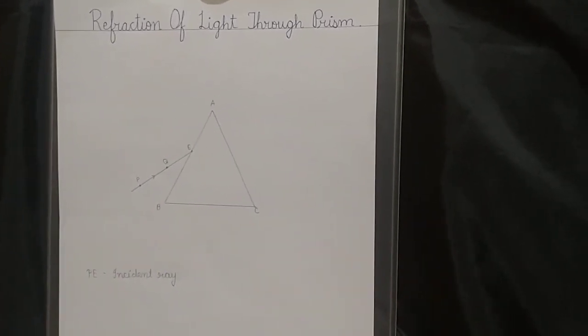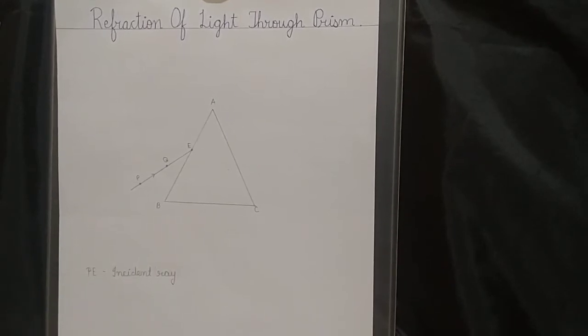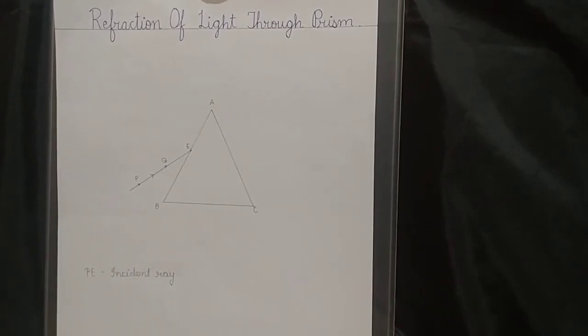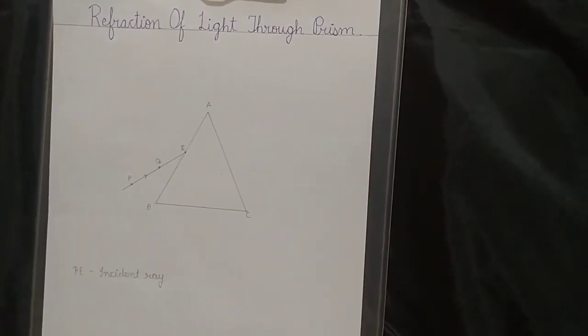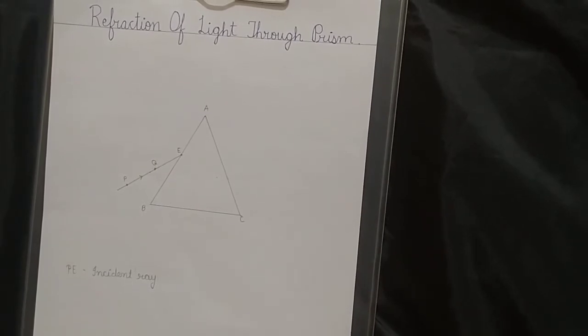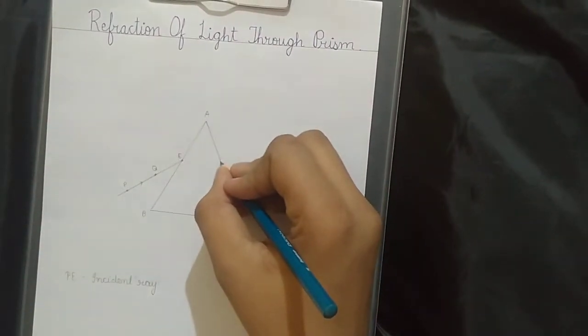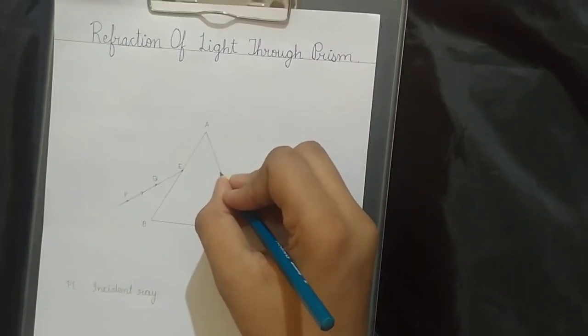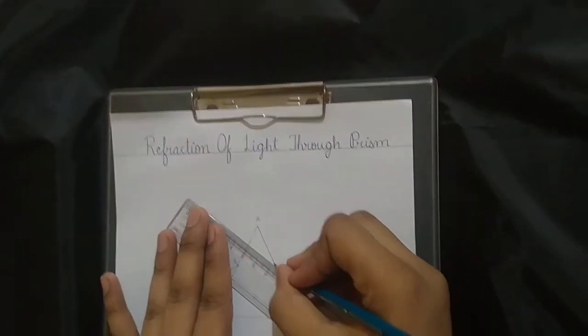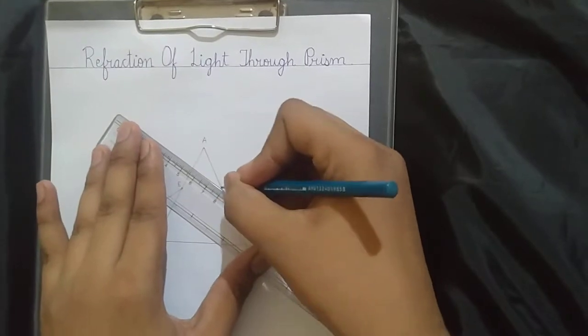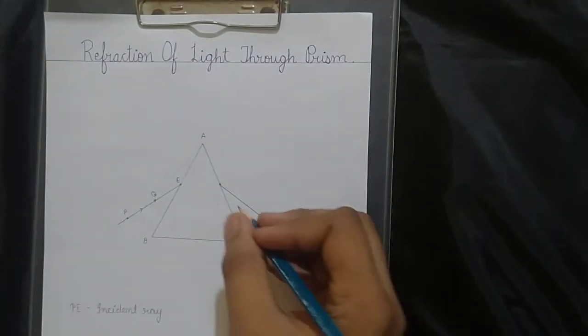Now what they have told, fix two more pins, look at the images of the pins P and Q through the other face AC. Now fix two more points R and S such that pins R and S and the two images of P and Q lie in the same straight line. That means from Q, I'll draw one more line, the same way.